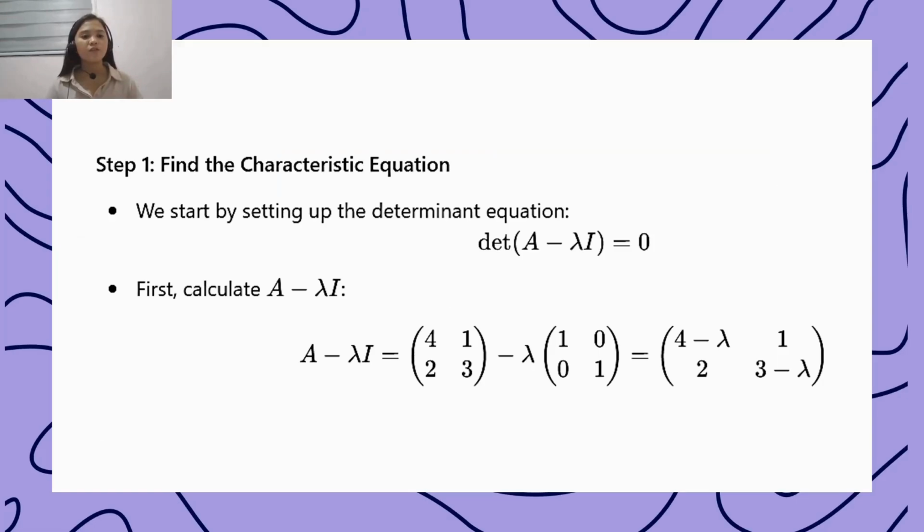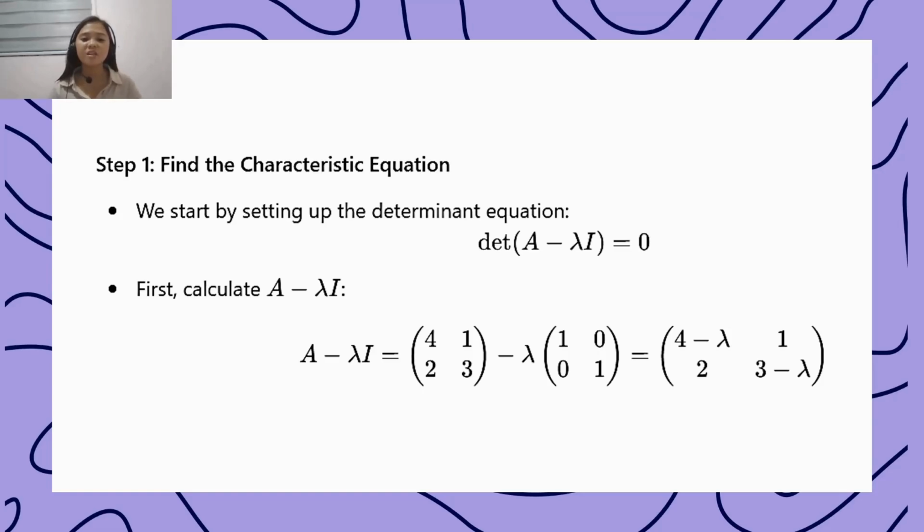So for our step 1, we'll find the characteristic equation. We start by setting up the determinant equation. So we calculate the square matrix minus lambda times the identity matrix.